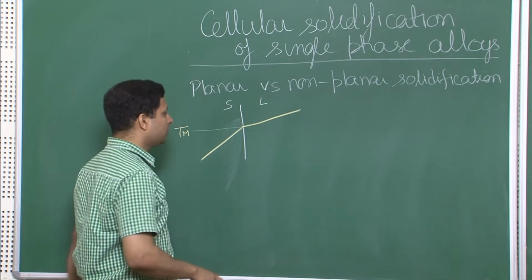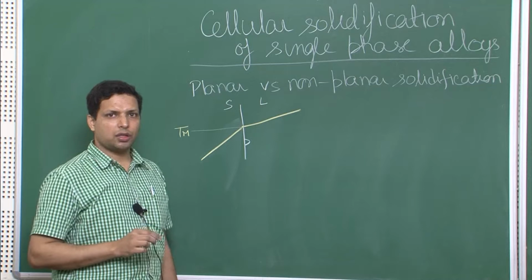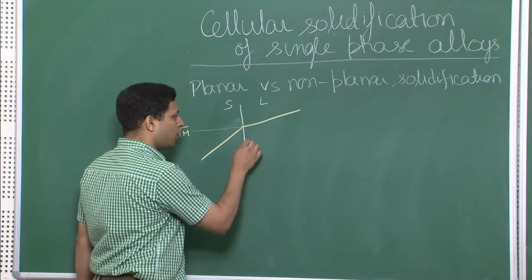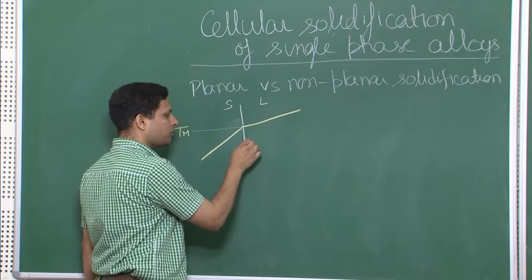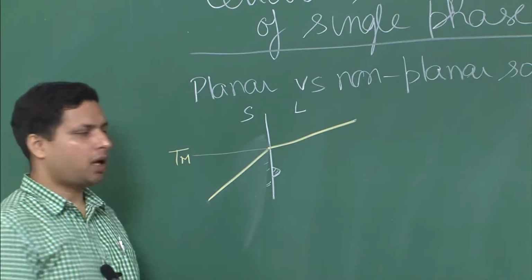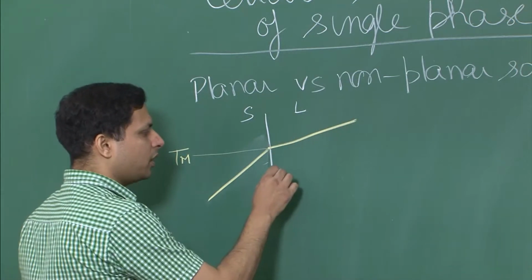Now let us say that a protrusion occurs onto the solid. Because of some random fluctuation a small protrusion grows. This part is also solid, but the rest is liquid, and the liquid temperature is like this. So what happens to this solid that grows?